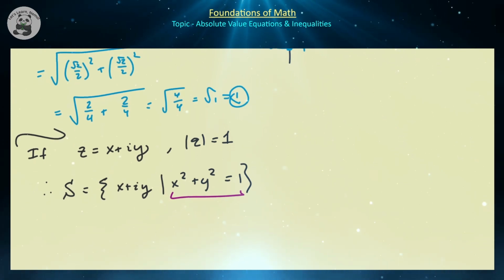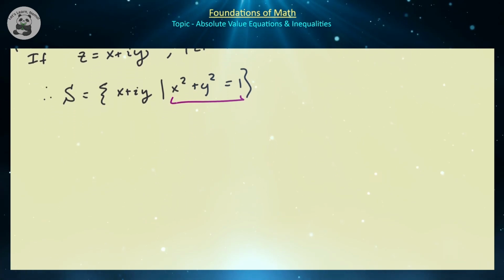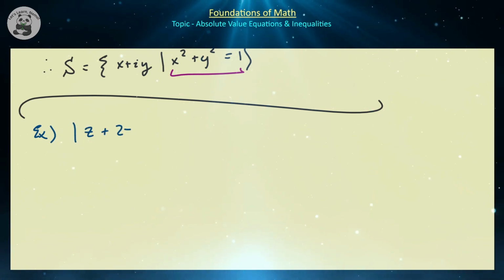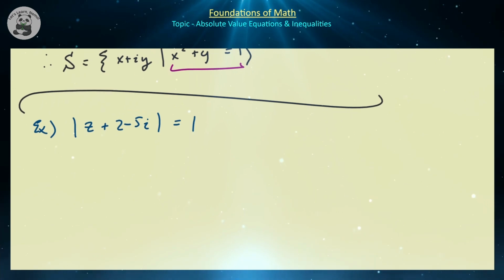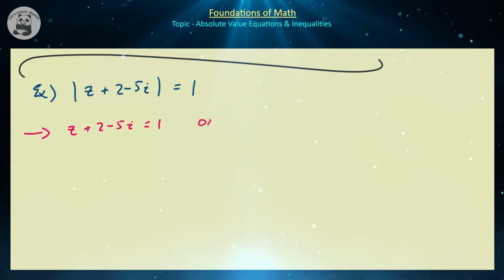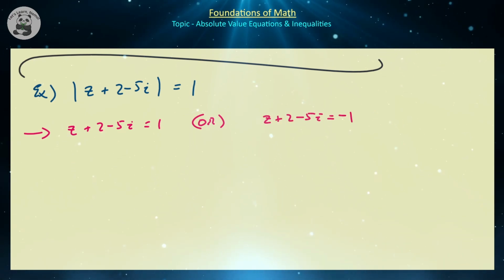Okay? So let's make this just a tad bit complicated, because now we have some idea of what we're looking at here. Suppose we have the absolute value of z plus 2 minus 5i is equal to 1. Right? Now, if you don't have a geometric sense of what's going on here, you might even want to try to solve this algebraically. So we're like, okay, well, z plus 2 minus 5i will be equal to 1, or z plus 2 minus 5i will be equal to minus 1.